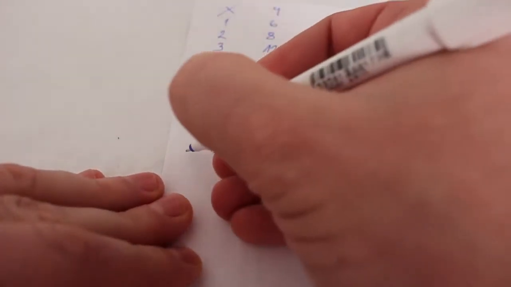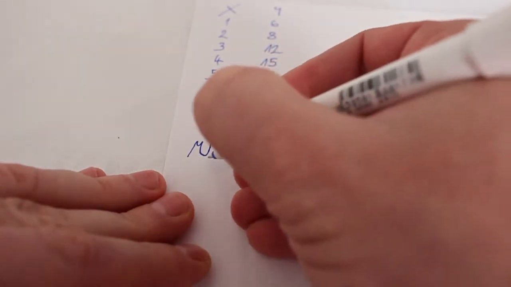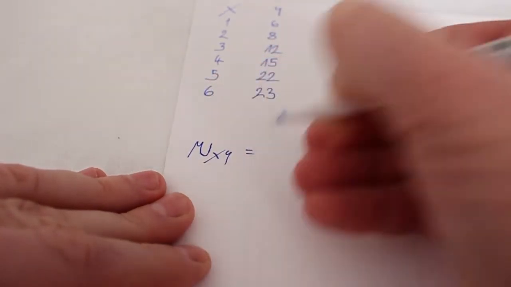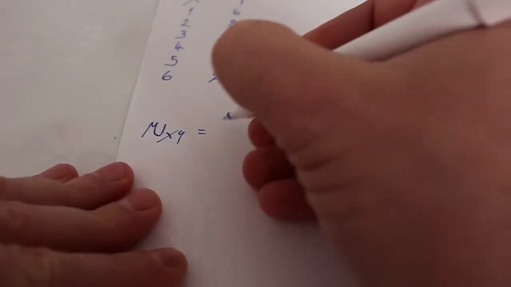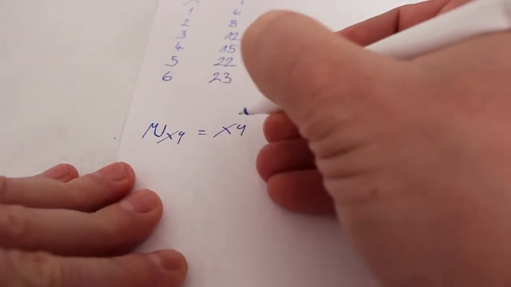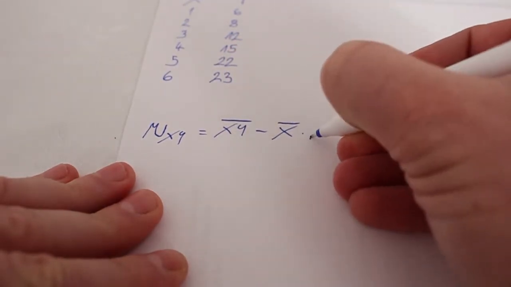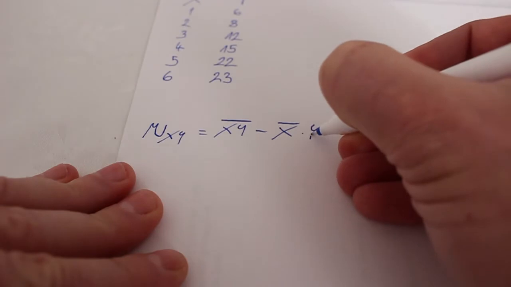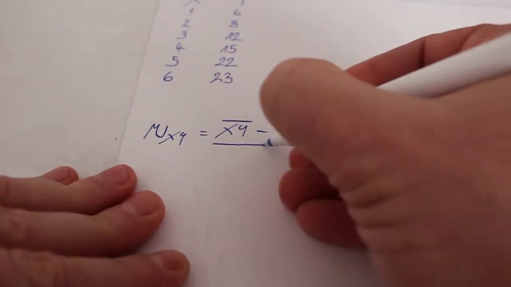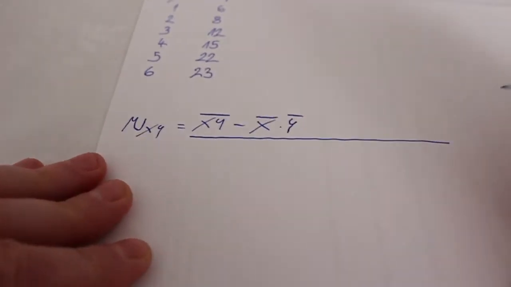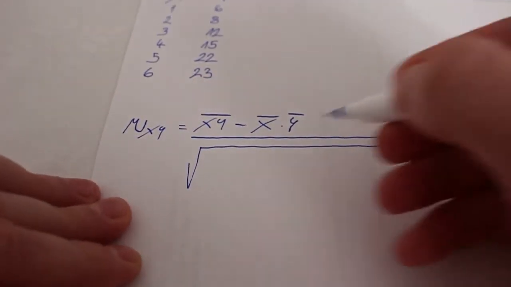The correlation coefficient between variable x and variable y is equal to, in the numerator, x y mean minus x mean times variable y mean, divided by a square root of two parts.